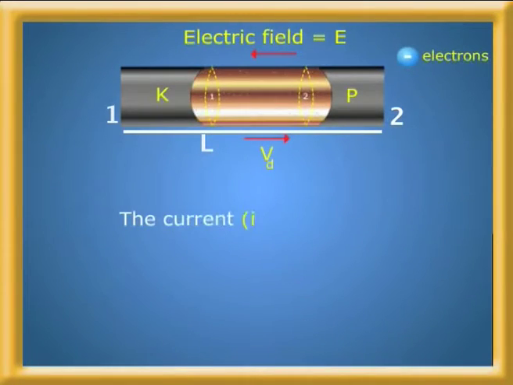By definition, the current I equals Q by t, and hence I equals n Vd e A. Therefore, I equals n e A Vd.